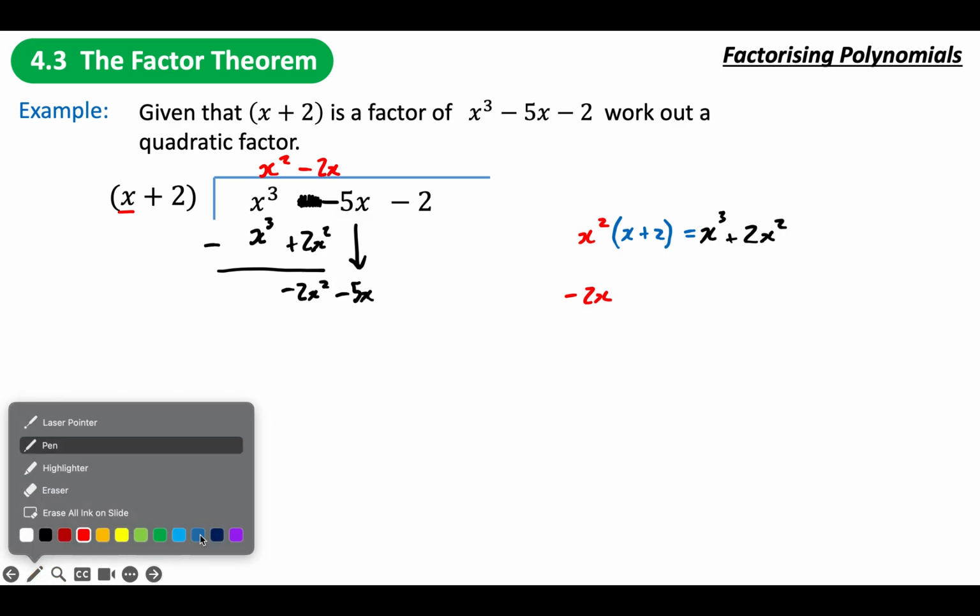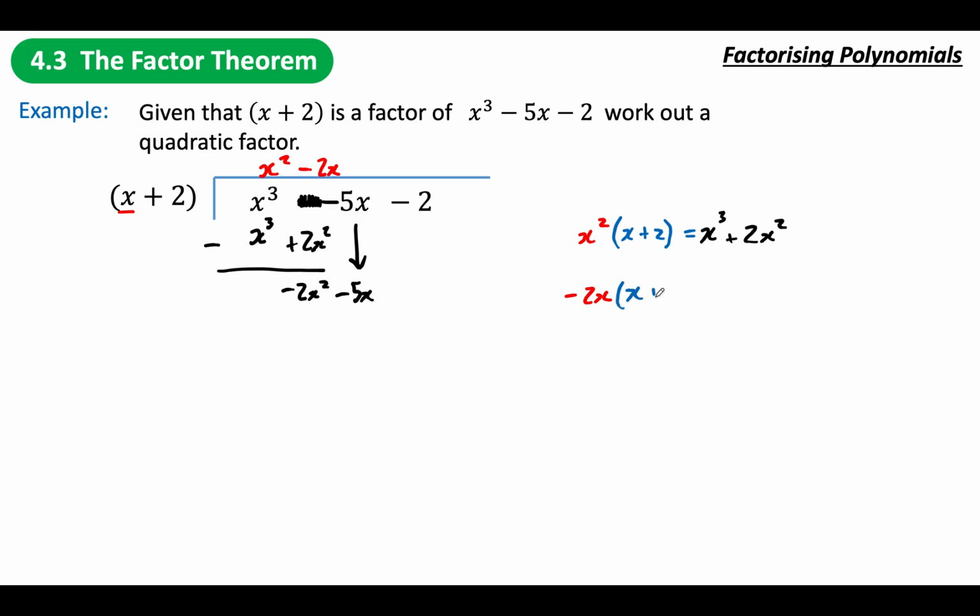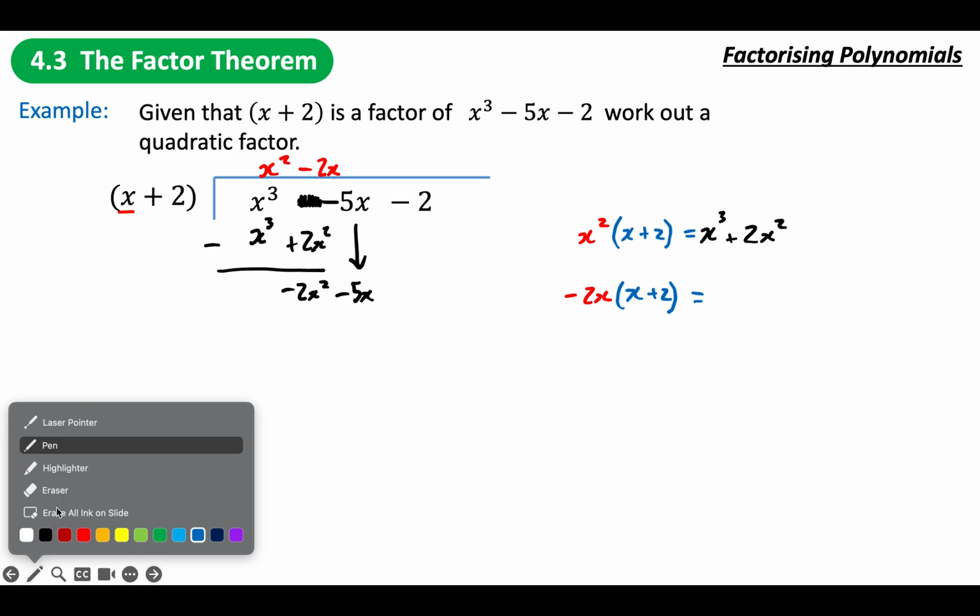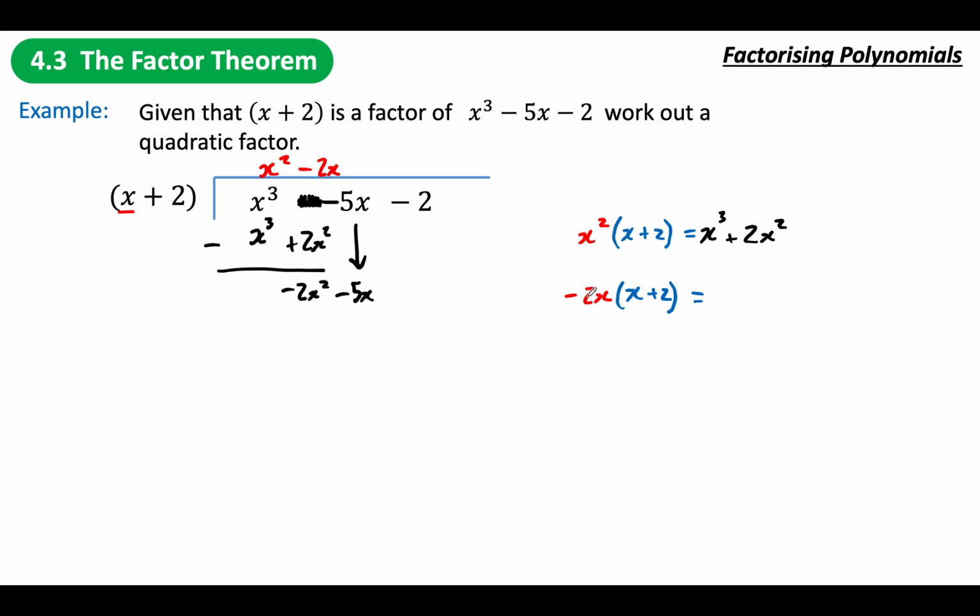Okay, let's change to the blue. Put in my factor that I'm dividing by, so x plus 2. And minus 2x times x is minus 2x squared. Minus 2x times the 2 is minus 4x. Let's try and write that a bit neater. So minus 2x squared minus the 4x, okay?